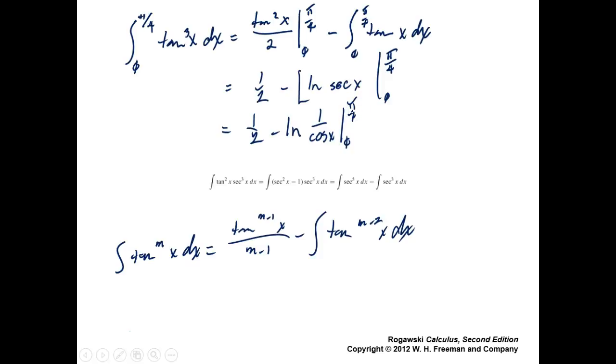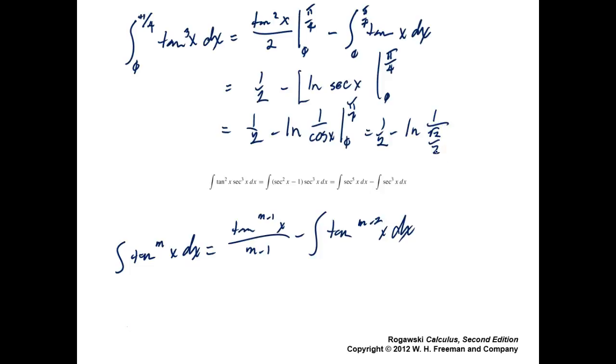Now, anyone remember what cosine of pi/4 is? It's a weird number, right? 0.707. That's square root of 2 over 2. So this would be minus the log of 1 over the square root of 2 over 2.